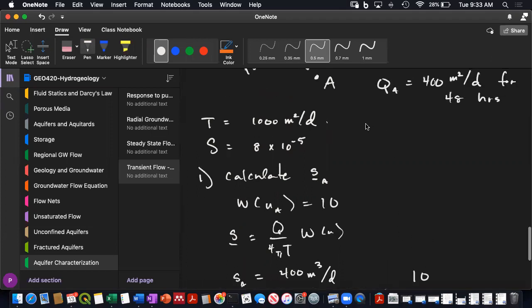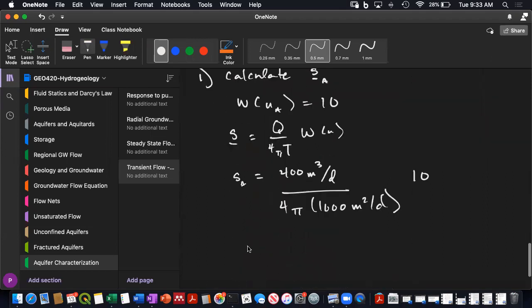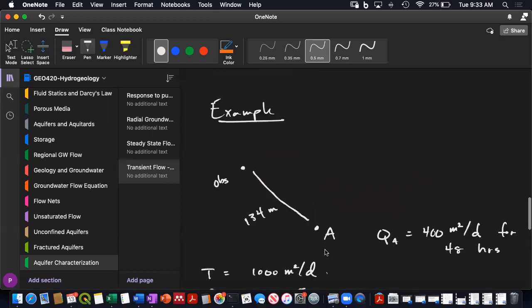Well, that's a good question. So what are the units of U? I have R squared, so that was 134 meters squared. What's U?